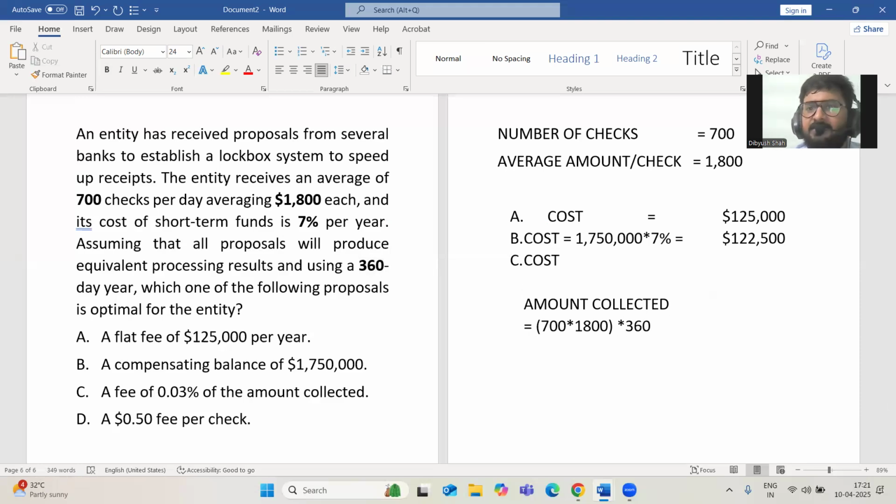So for 360 days, this will be collected in total. And I will pay 0.03% of this amount. This is the cost. It comes to $136,000.